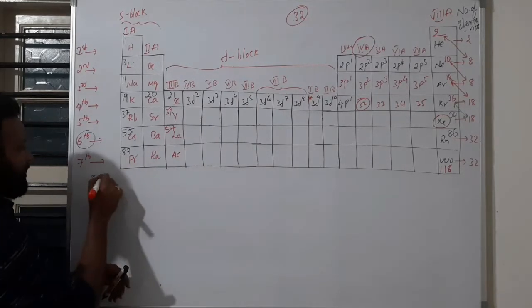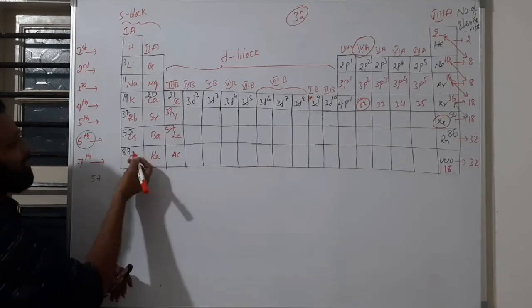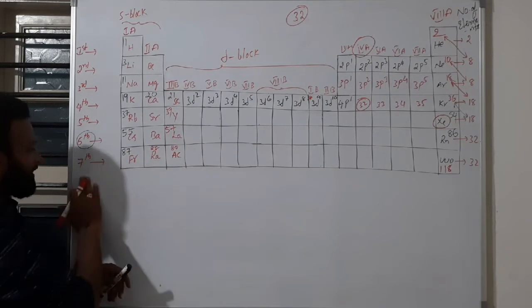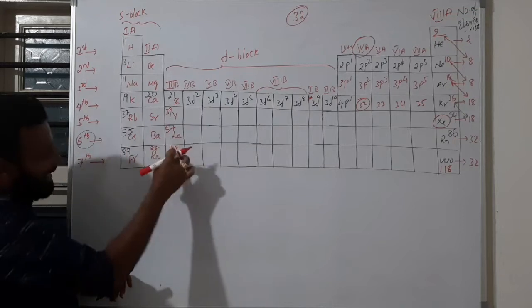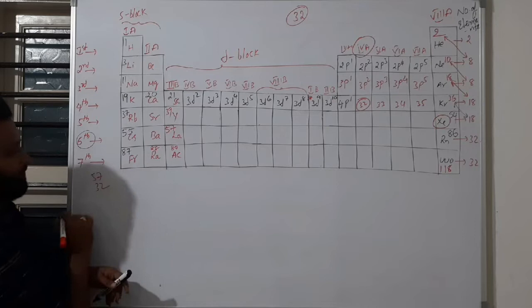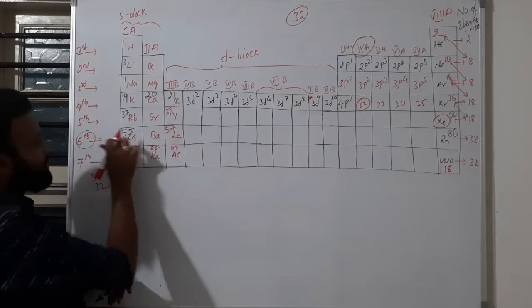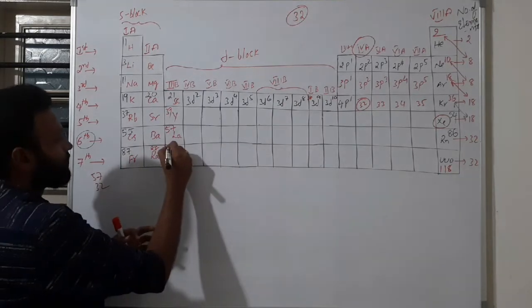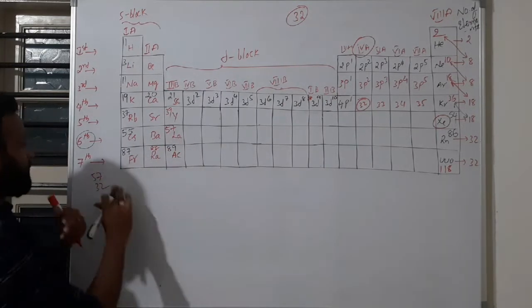So 57 plus 32. Otherwise here you have 87, this is 88, and this is 89. Okay, directly from here, why? So I want directly from here 57 and 32. In the 6th period there are total 32 elements. So 57 plus 32. So 89 is the atomic number of actinium.